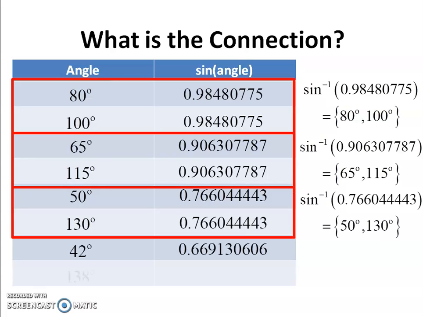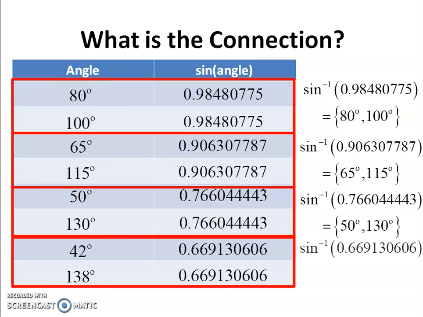And also 42 and 138. So if you want to pause now and think it through: if I did a sine inverse and got 80, how would I know that 100 is the other one? If I got 65, how would I know that it's 115? Now is a good time to do that, because in a second I'll tell you the answer.